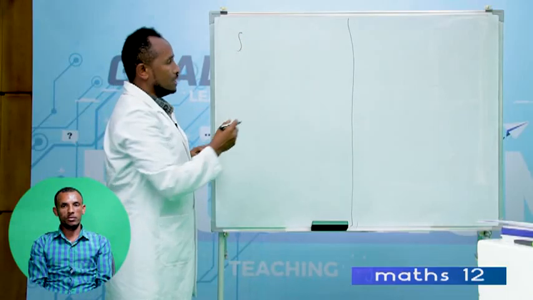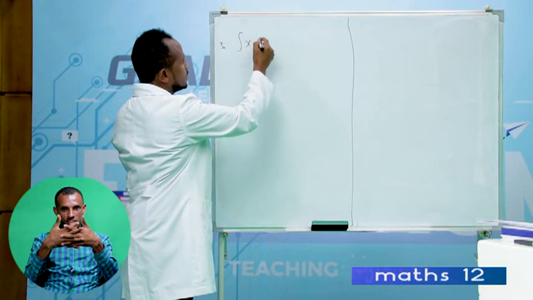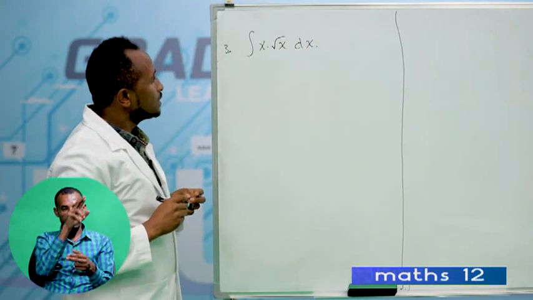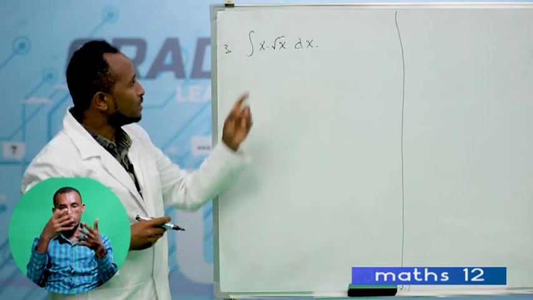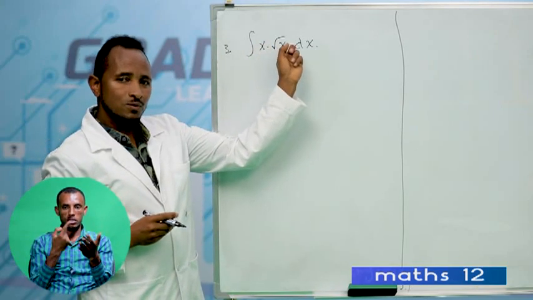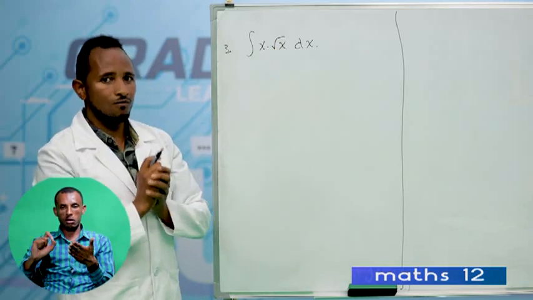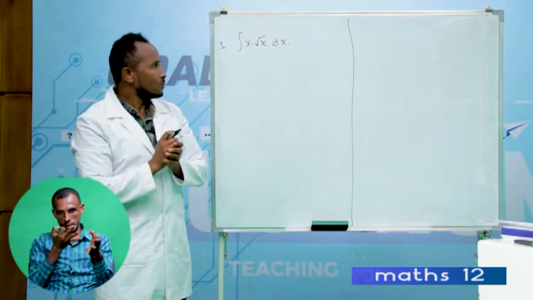The third question is the integration of x times the square root of x dx. To find the integration of this expression, these two expressions can be written in a single power form. Expressing it in that form, we will integrate it.